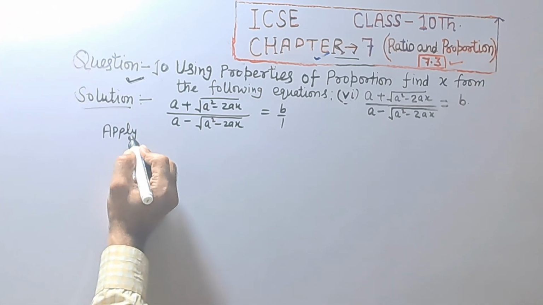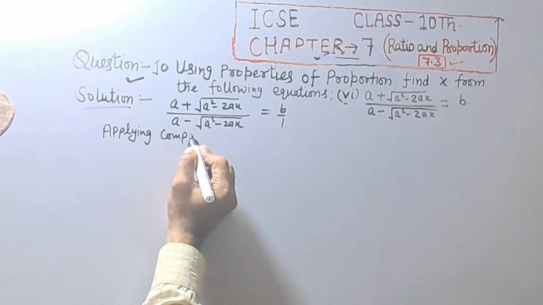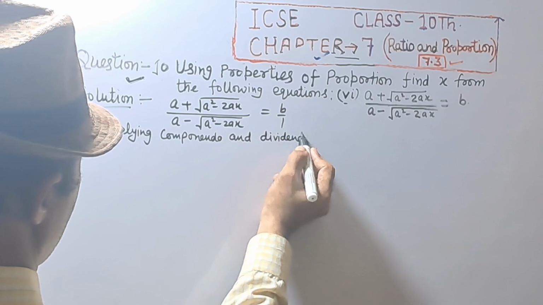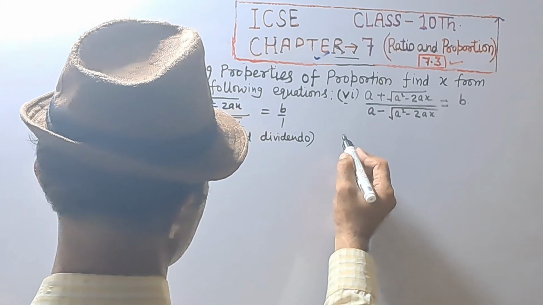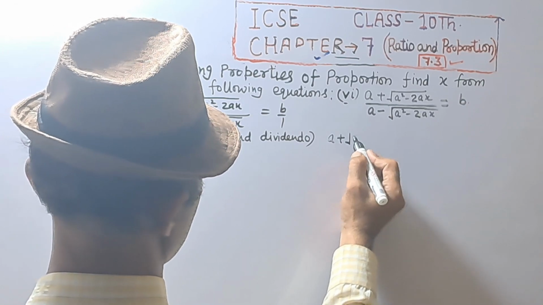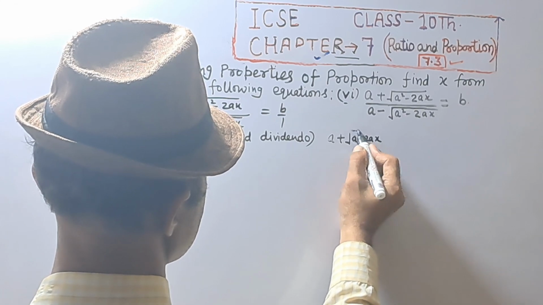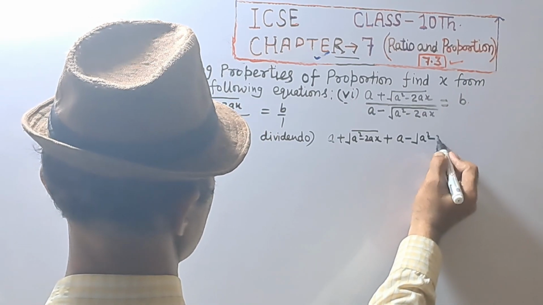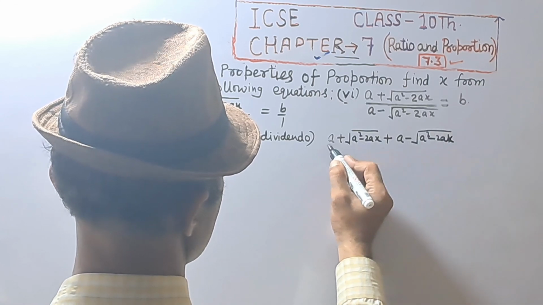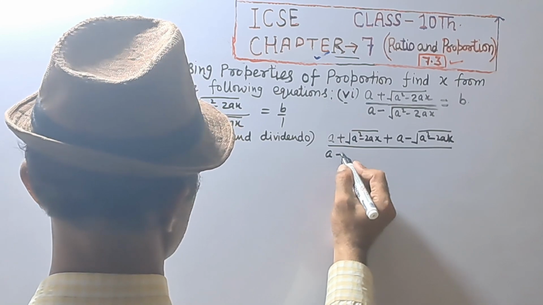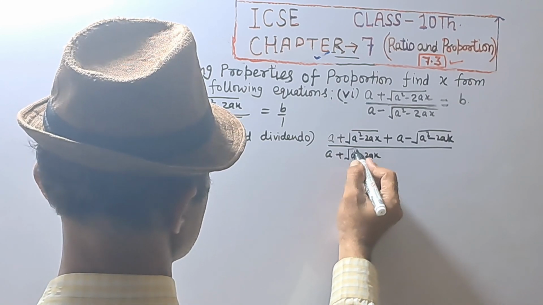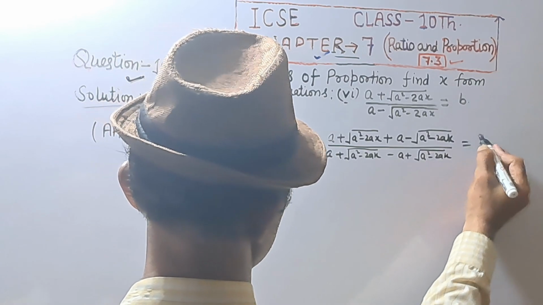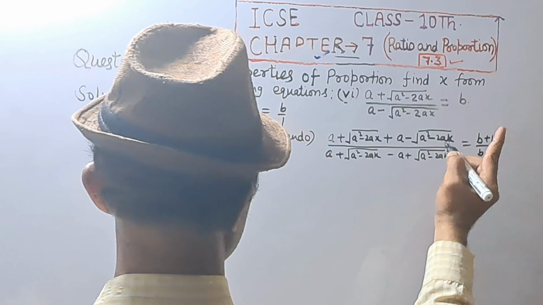Applying componendo and dividendo rule, we get (a + √(a² − 2ax) + a − √(a² − 2ax)) divided by (a + √(a² − 2ax) − a + √(a² − 2ax)) is equal to (b + 1) upon (b − 1).